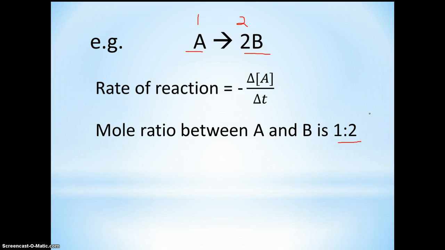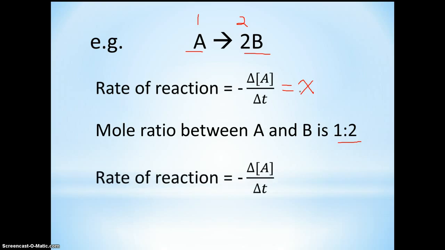So when we know the rate of reaction of A is, say, a value of X, then we have to use the mole ratio to calculate the rate of change of B. If I have 1 mole of A, then I will produce 2 B. That means the rate of reaction calculated by B will be twice as fast as A. So we have to multiply this number by 1.5.